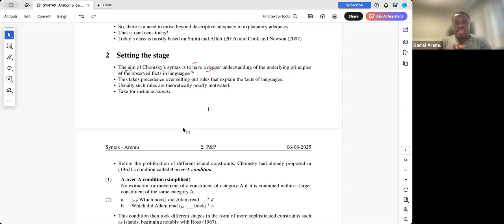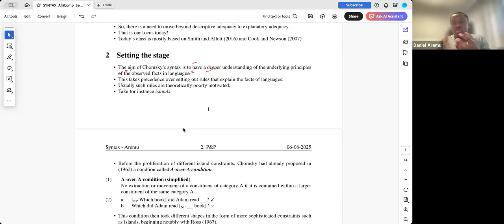By looking at the underlying properties of languages, and then unifying those properties. It's like if you have rules A to Z, just like the phonologist, you remember natural class. Different distinctive features can begin to form natural classes. So that is the aim of the principles and parameters theory: instead of having numerous rules scattered around, we can find natural classes for these rules, which are called principles, that constitute the underlying principles of every language.